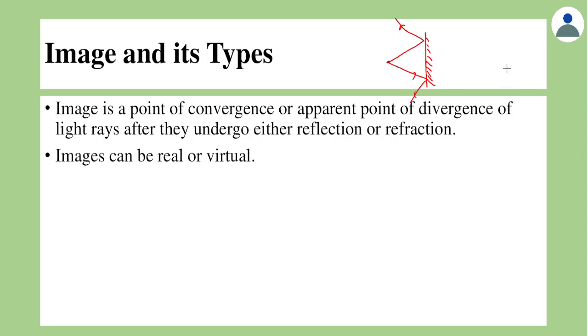In case of lenses or something which is transparent, light rays undergo refraction. So these light rays after reflection or refraction may either converge at a given point, or the light rays may appear to diverge. Based on that, we have two kinds of images called real and virtual image.